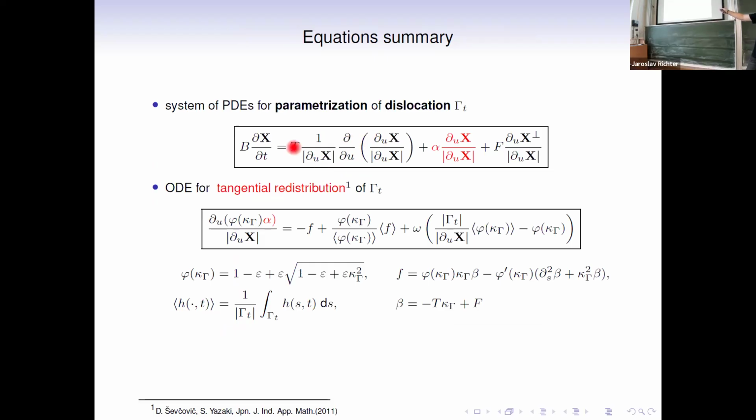This term stands for the curvature times the line tension. Here, the forces applied to the curve in the normal direction. And finally, the last term, something in the tangential direction, which is called a tangential redistribution. Why is it important and why does it matter? Because below this one, I put in a box quite sophisticated ODEs.